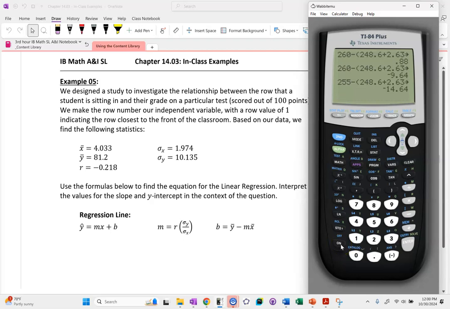Who can calculate the value for m for us? Negative 1.12, 3 sig figs.